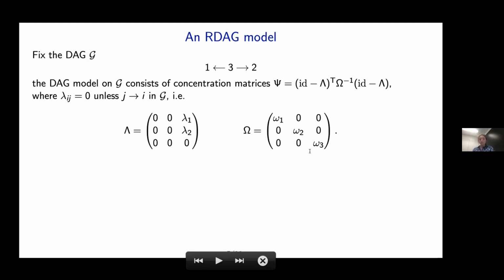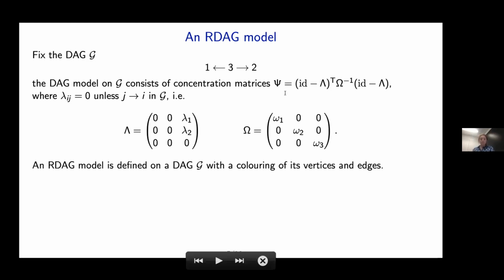Then omega gives the variances of our error terms, and this is a diagonal positive definite matrix. So we have these 3 possible diagonal entries, omega 1, omega 2, and omega 3. That's our model. We have lambdas that look like this, omegas that look like this, and we plug them into this formula to get its description as a set of concentration matrices.